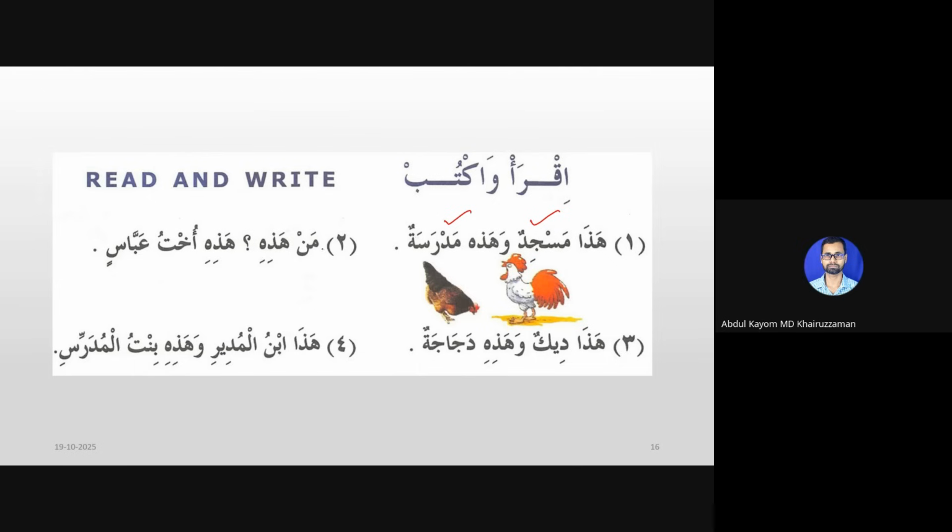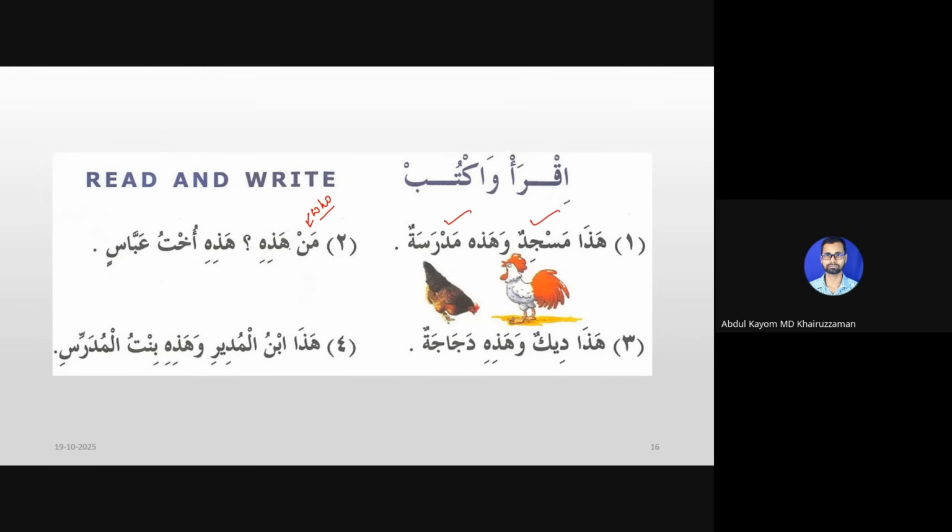من هذه. We remember that man means who, and this is used to ask questions about people, not objects. If there is an object and we want to ask what is this, we say ma hadha or ma hadhihi. But if there is a person, we ask man hadha or man hadhihi.